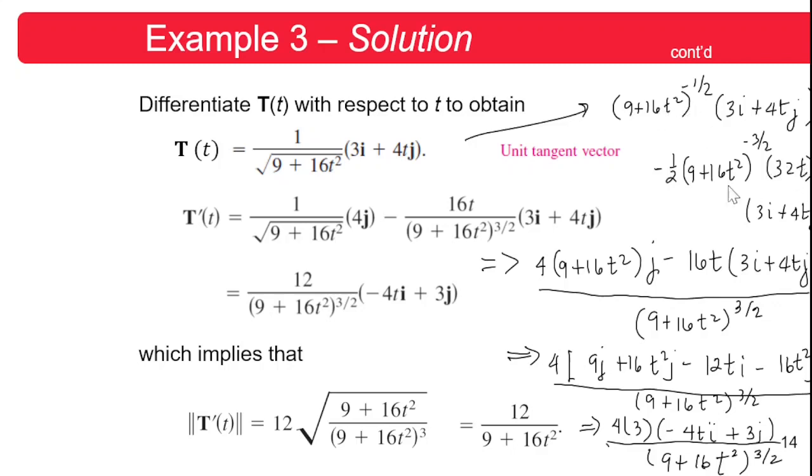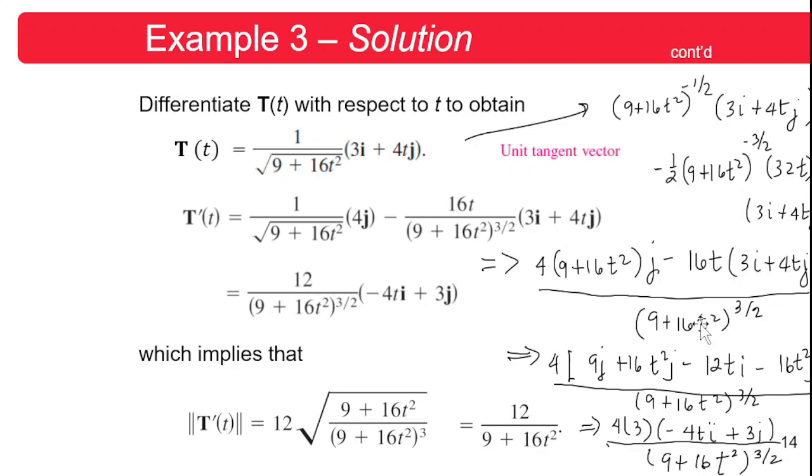So we multiply 32t by negative 1/2, and we have negative 16t. Then we place this in the denominator, changing the sign of the exponent from negative to positive. So we have 16t all over (9 + 16t²) raised to 3/2, times 3i + 4t j.